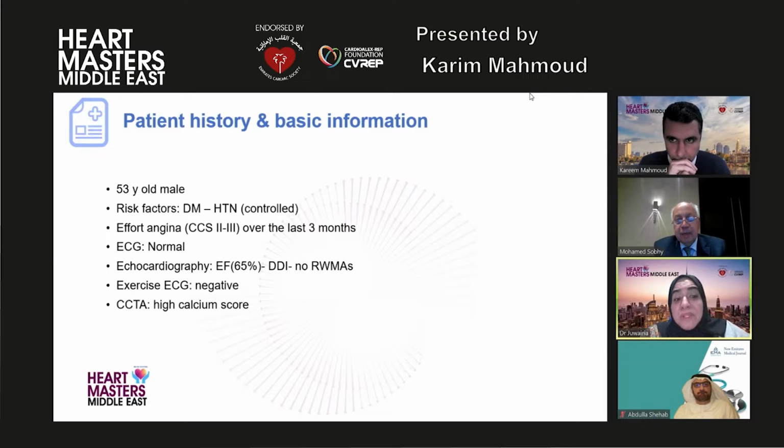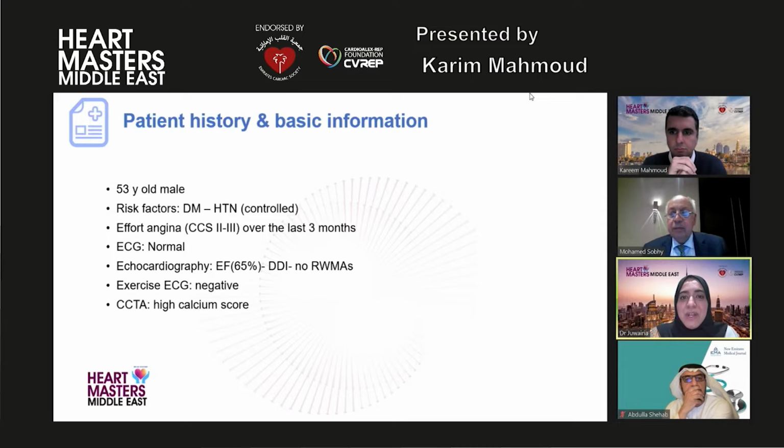But if I saw this patient before the CT, the question always arises: do you want a functional assessment or an anatomical assessment of the coronaries? I tend to favor functional assessment more, because even if the CT did not show any obstructive disease, this patient can still have angina, and you will get that from functional assessment.